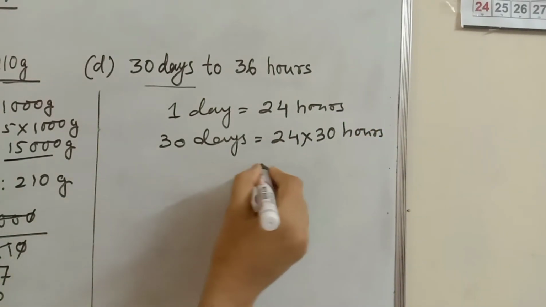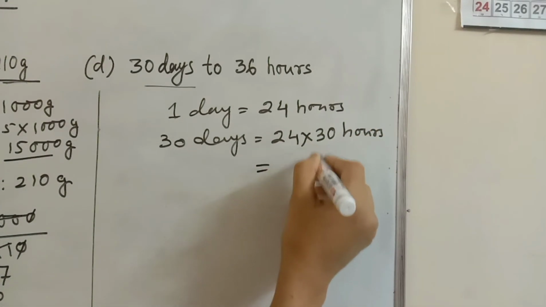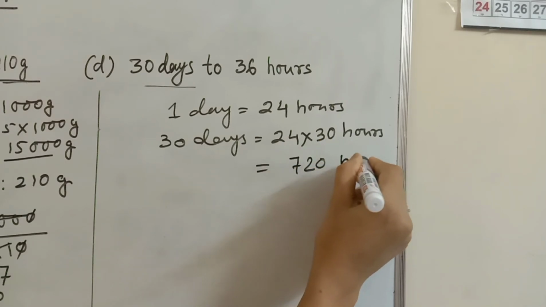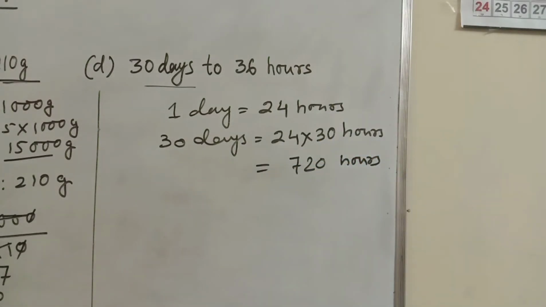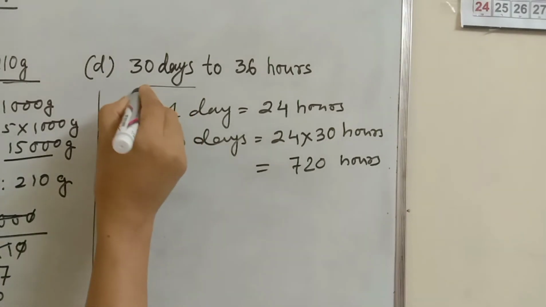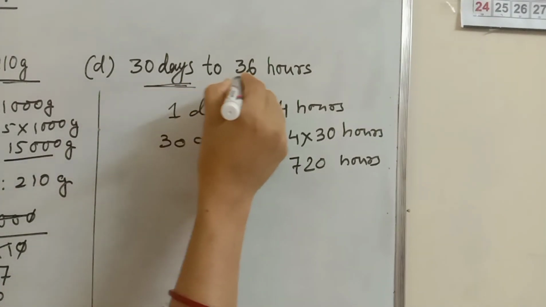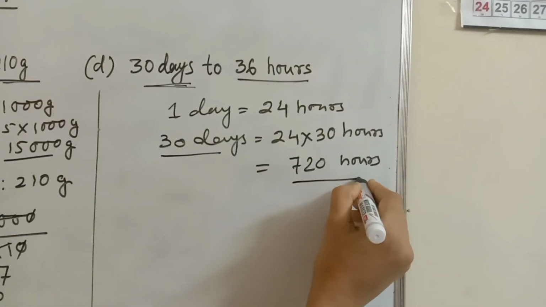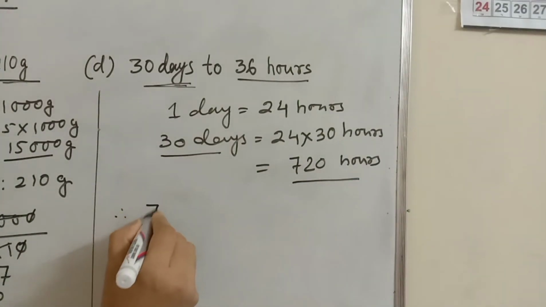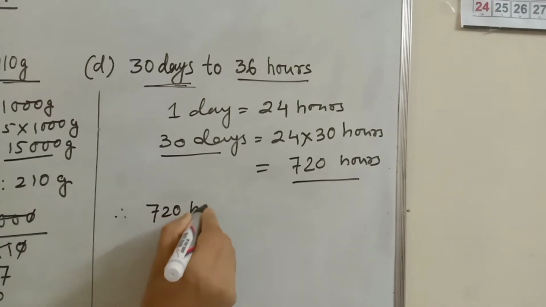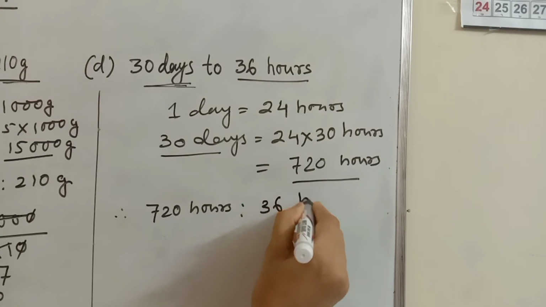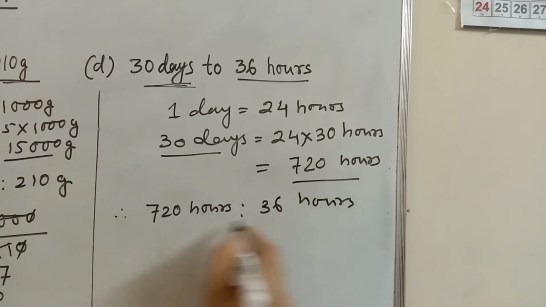Now multiply: 0, 3 4s are 12, 6 7 20, 720 hours. Now the ratio is 30 days to 36 hours. Instead of 30 days, now you can write 720 hours. Therefore 720 hours is to 36 hours, same unit.